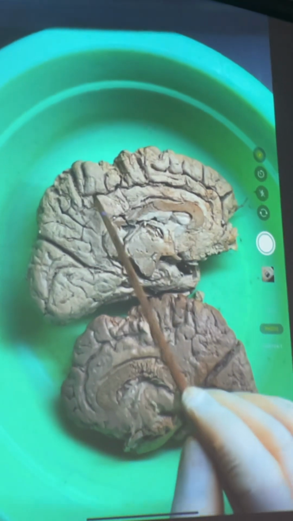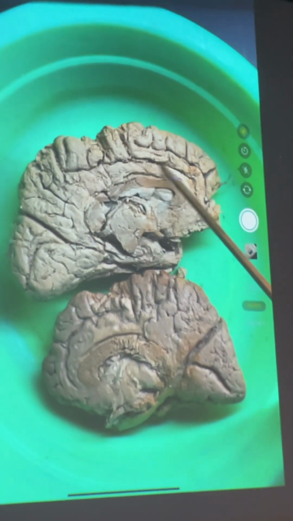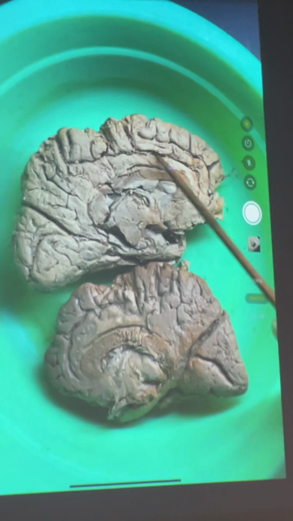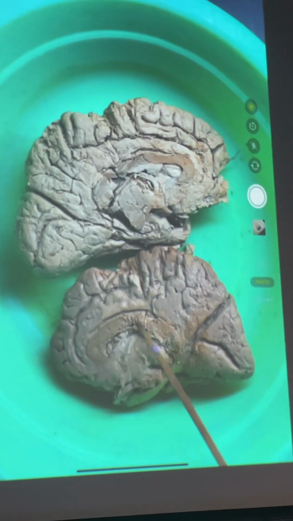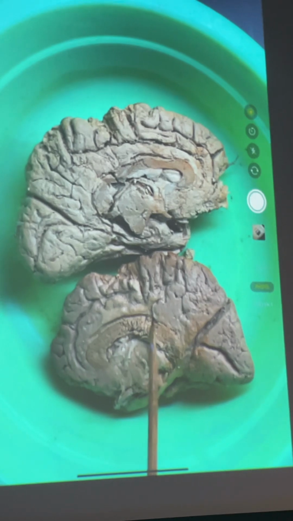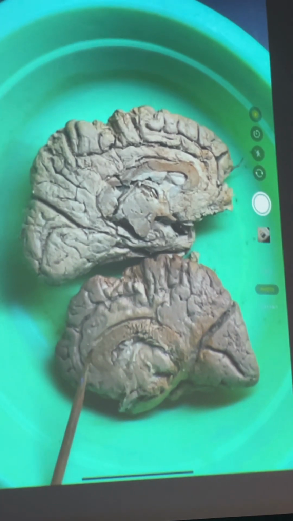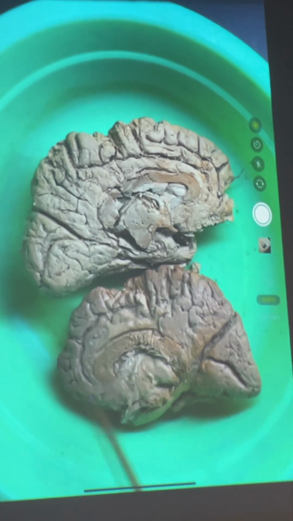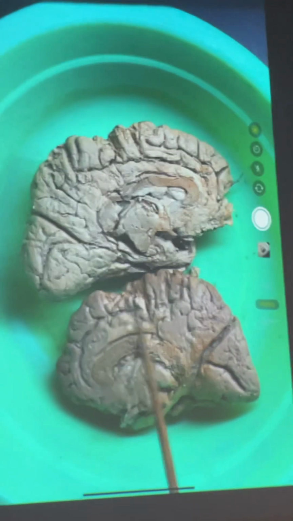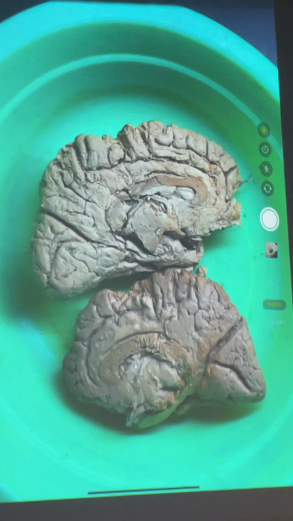Just above the cingulate gyrus is the cingulate sulcus. Do you see it?